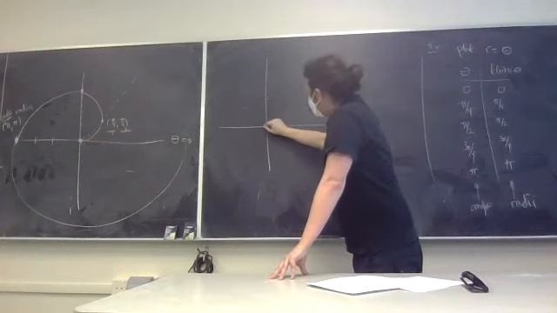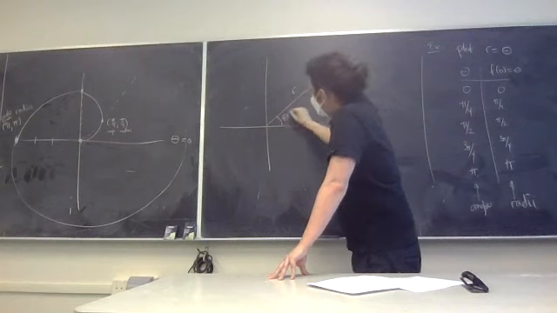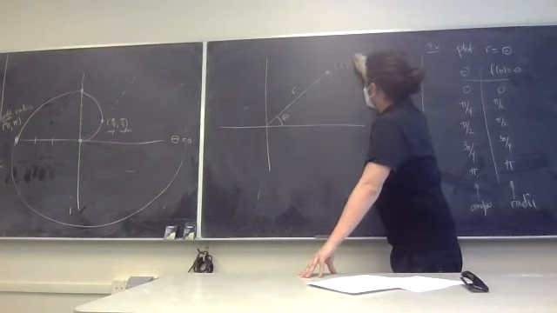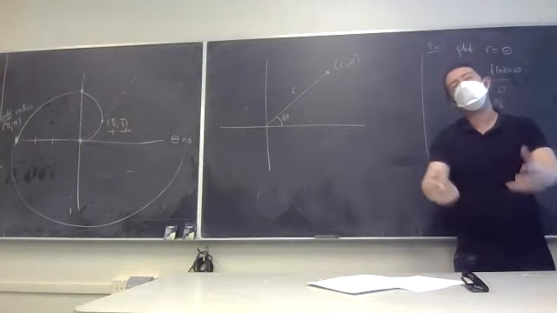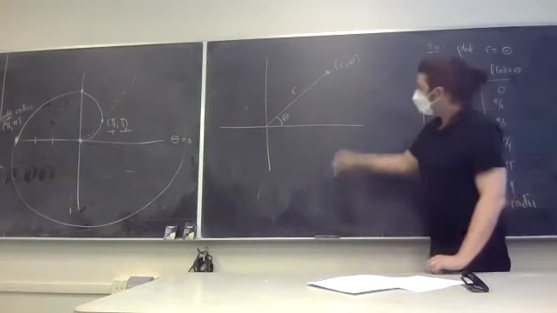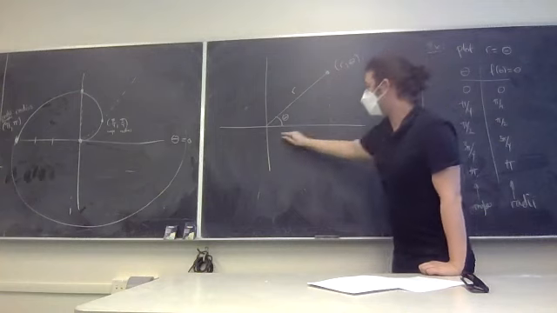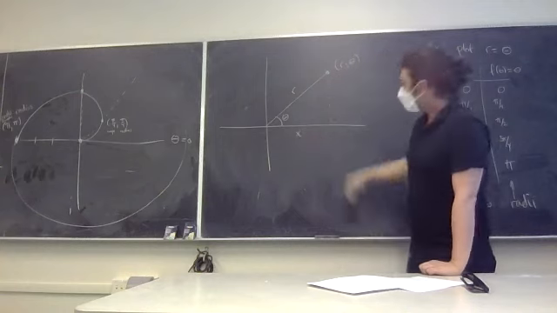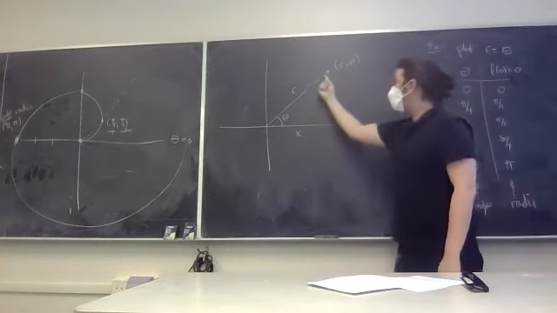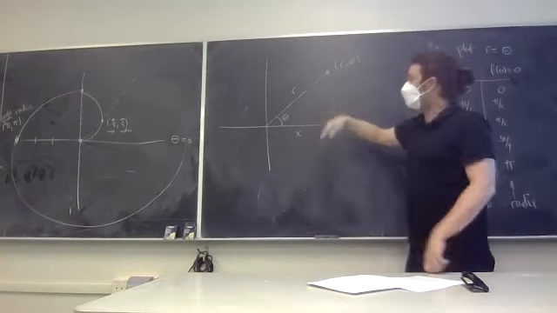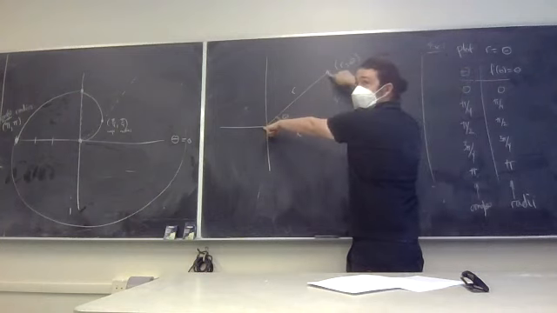If I have some point right here at r, theta, and I wanted to know the x and y coordinates of the same point, well, I would need to know how far to go out in the x direction and how far to go up in the y direction, right? The x and y would tell me what the xy coordinates are, in the same way that the rotation theta and the stretch of the radius tell me what the coordinates are.